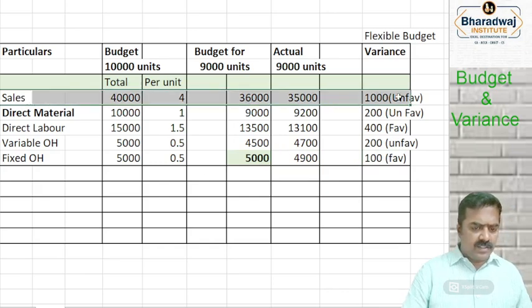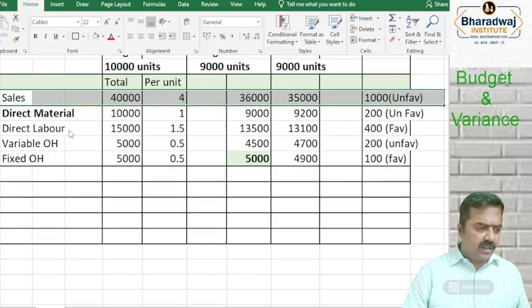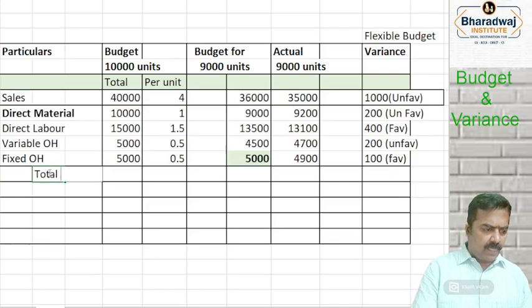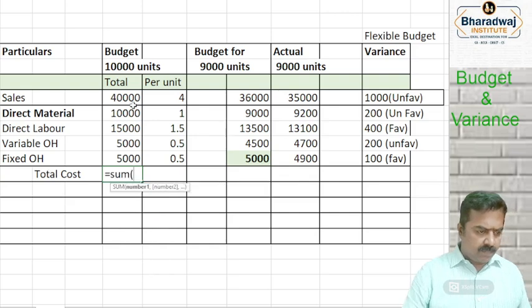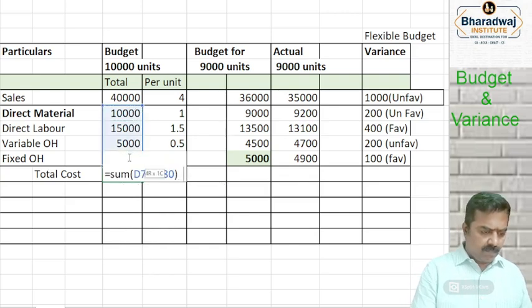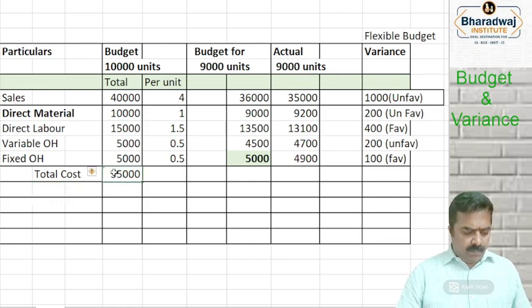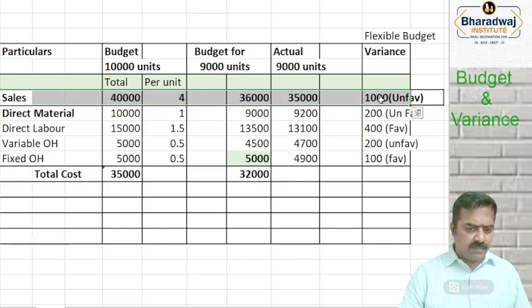So sales is there. Total cost you add up. So sales minus total cost will give us what? Profit.